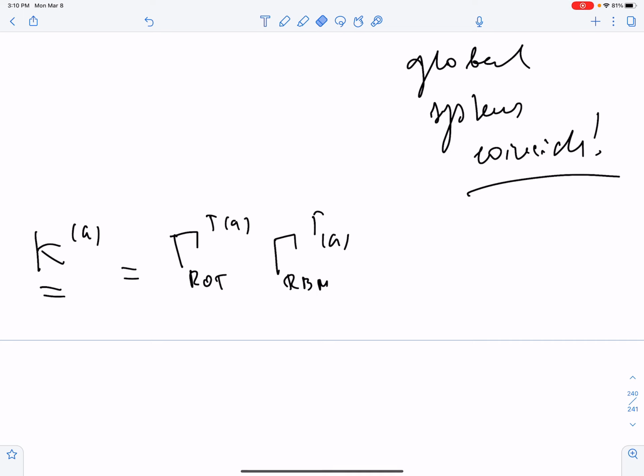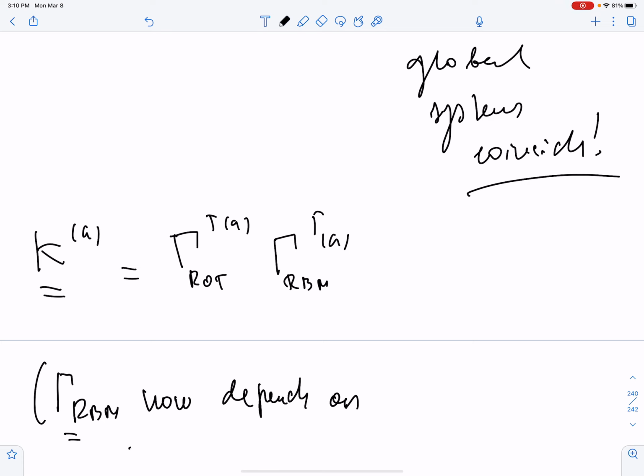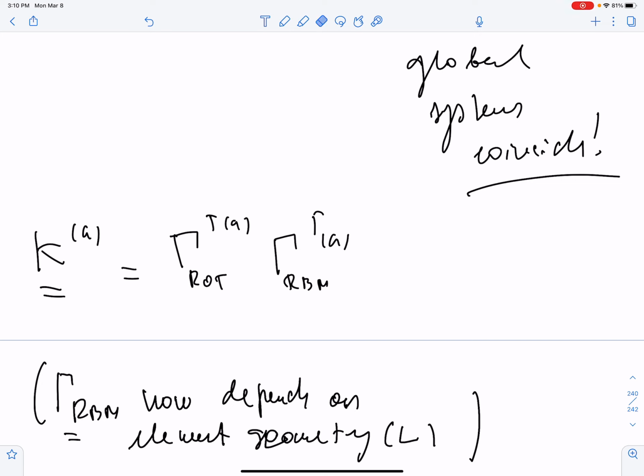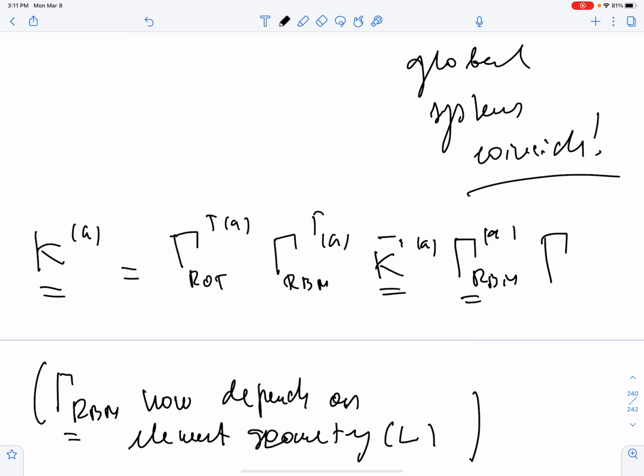RBM, so let me put this as a note here. Gamma RBM now depends on element geometry. Specifically, the element length. Right. Then you get the basic stiffness, K prime over bar A, and then you have the RBM for A, and then you have the ROT.